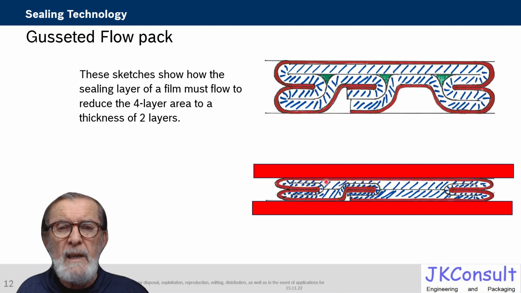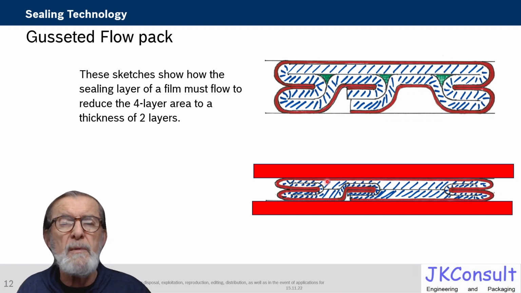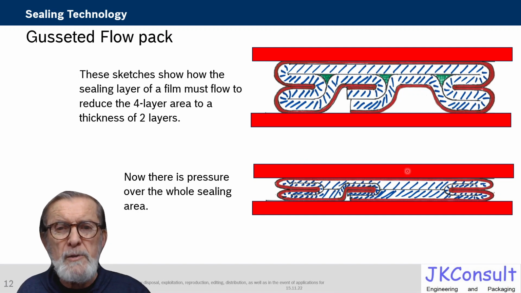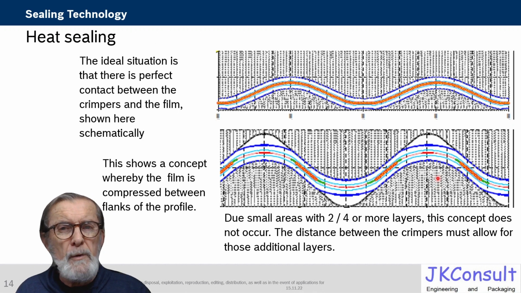So something has to give, or something has to be flexible to reduce the thickness from 4 here to the 2 layers that I have in this area. Here now I have pressure and energy applied at every point of the cross seal. Now of course the ideal situation would be if we have a serration that allows the film to be in full contact with the metal everywhere.